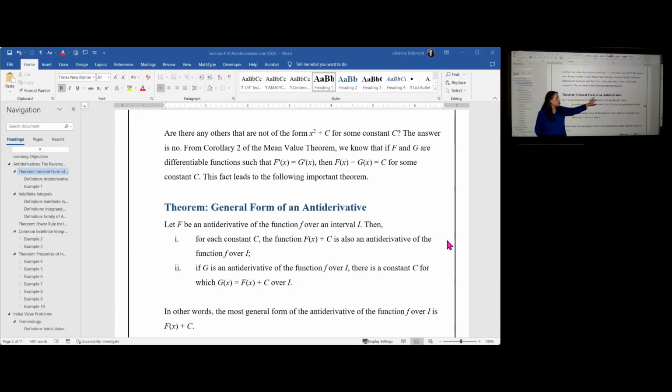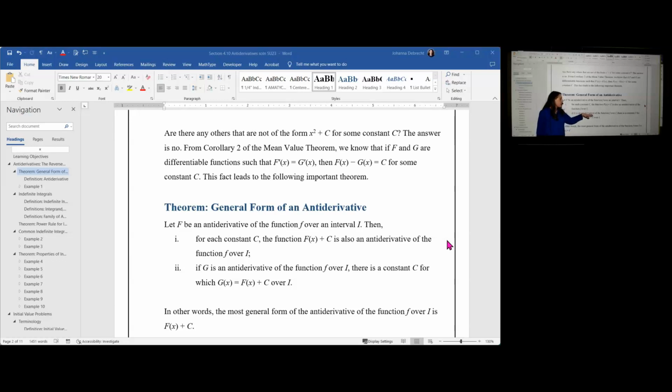Let's now talk about the theorem for finding the general form. We'll let uppercase F be some antiderivative of the function lowercase f over an interval I. For each constant c, the function uppercase F plus c will also be an antiderivative of the function lowercase f over the interval, because when we take the derivative, the constant plus c goes to 0.